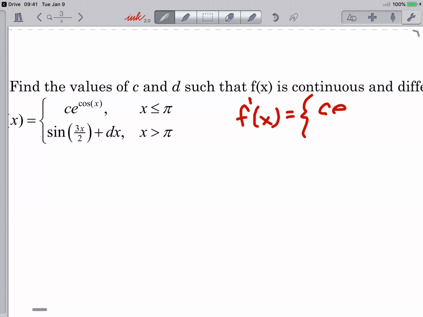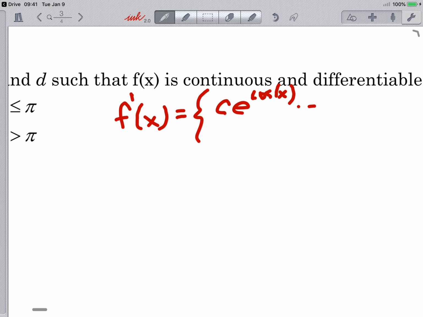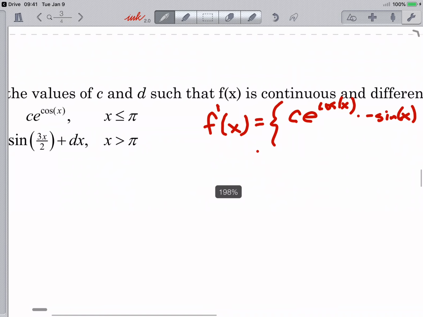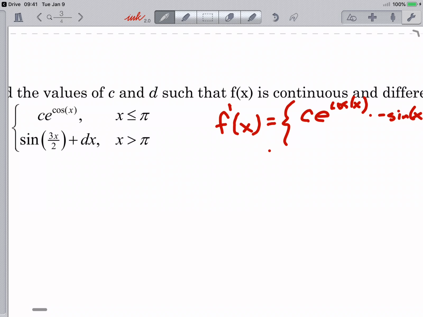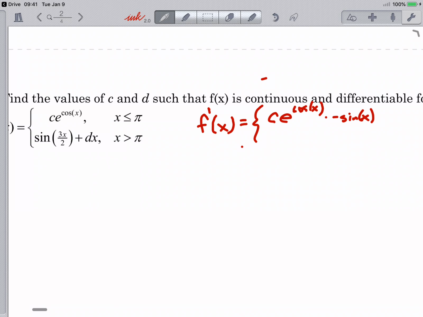So I've got c e to the cosine of x times the derivative of the exponent, which is negative sine of x. Now the other one, sine of 3x over 2, my derivative is simply, well, it's not that. It's going to be 3/2 cosine of 3x over 2, and that comes from chain rule, plus d.